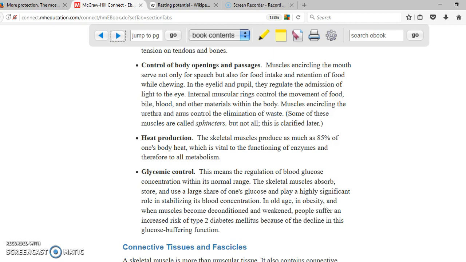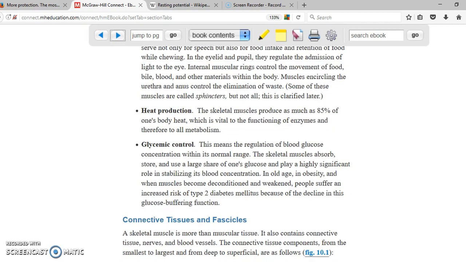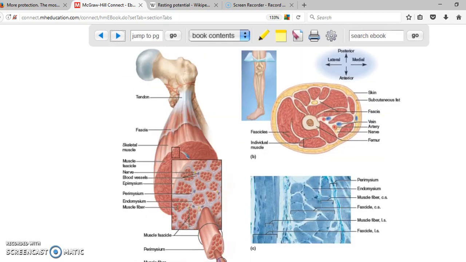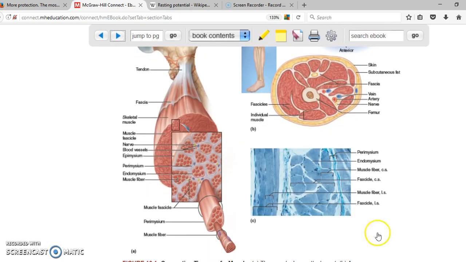Okay, let's continue here. So we have connective tissues and fascicles. A group of muscle fibers is going to be surrounded by endomysium. When you put together all the muscle fibers, as you can see here, you wrap them with perimysium in order to form a fascicle.